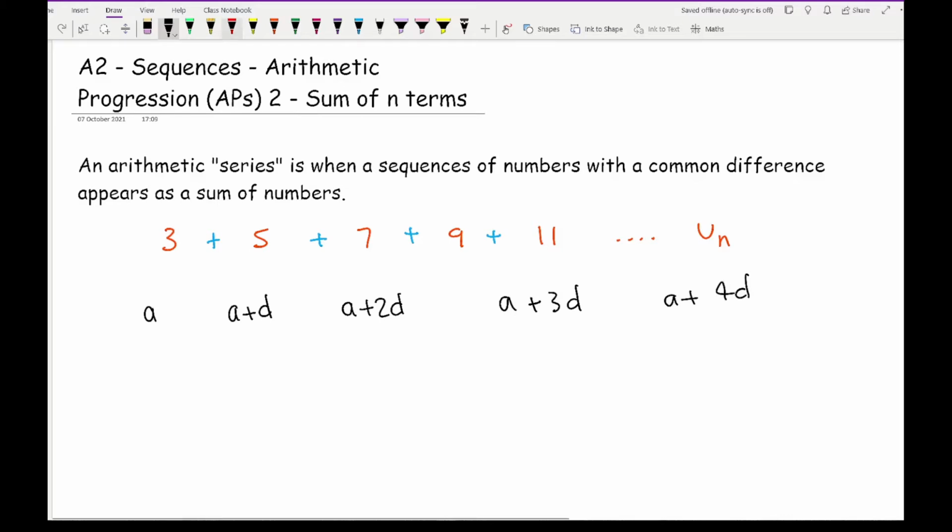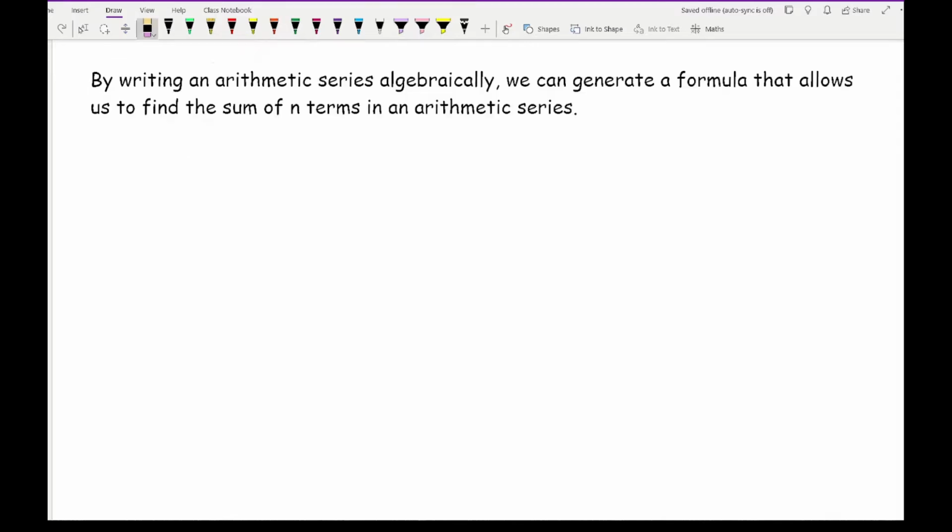And if I wanted to turn this into a series, all I need to do is stick a plus sign in between each of these, and then our second to last value would be a plus n minus 2d, and our last term would be a plus n minus 1d. And obviously this represents our nth term formula.